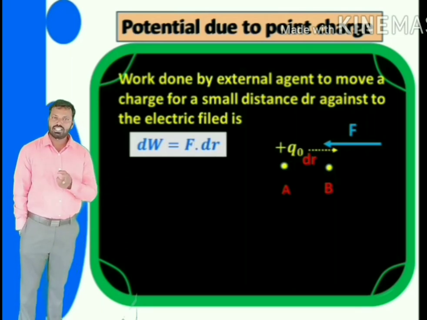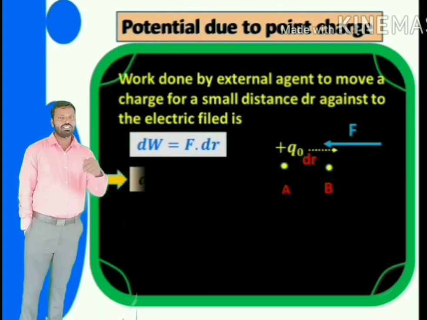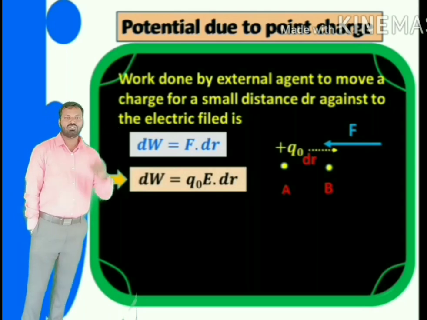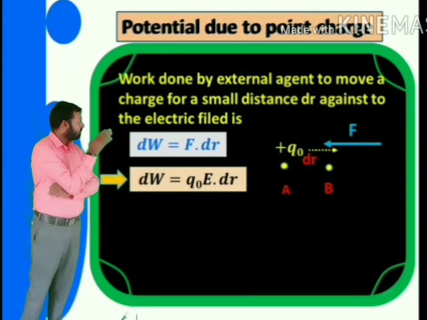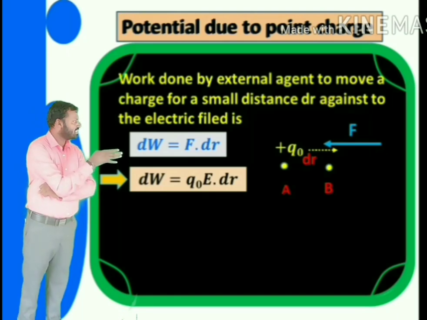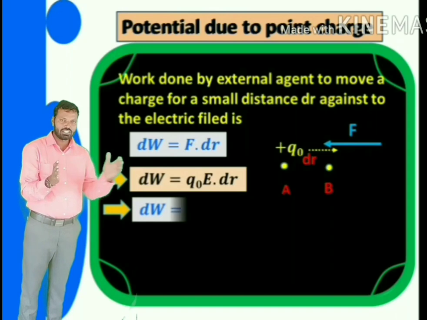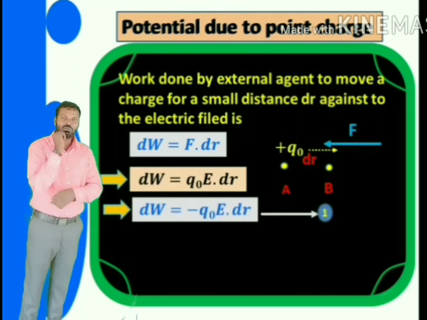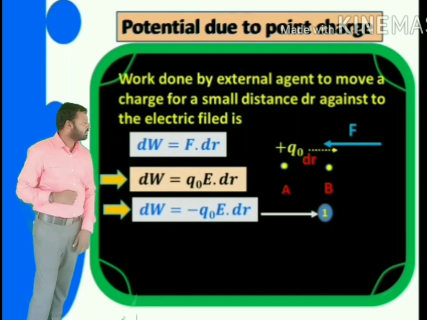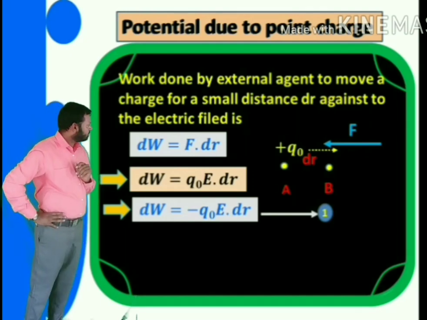Now what is F? Force experienced by the charge. What is that? Q0 into E. If I substitute, dw is equal to Q0 E dot dr. Since the force experienced is repulsive, and I am trying to bring my charge opposite to the field, I will use a negative sign.